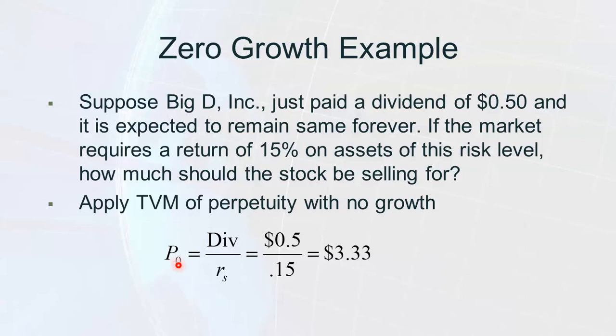Price right now equals the dividend divided by the discount rate. The dividend is 50 cents. It just paid 50 cents and it's always going to be 50 cents. So 50 cents divided by 15 percent equals $3.33. So using the zero growth model, the price of this stock should be $3.33.